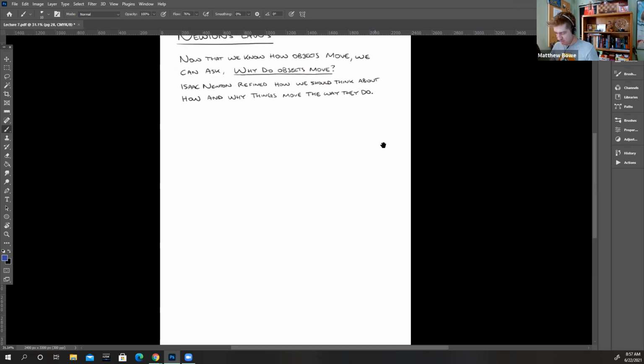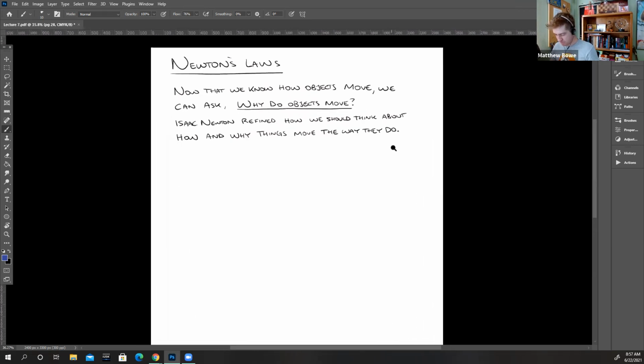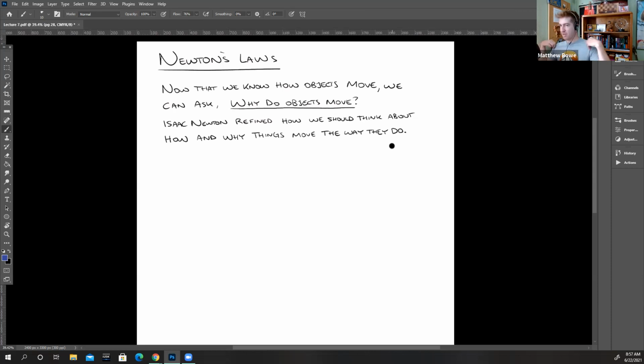Now that we have looked at several ways of how things move, this is where we ask the big question: why do things move the way they do? We're able to describe an object that falls. We could predict the trajectory of a projectile. We can predict where something will be along a circular path.